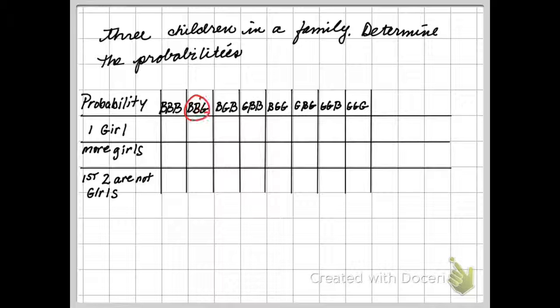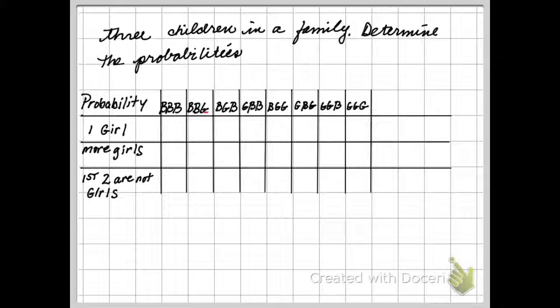This one here means that you had 2 boys and then a girl. And we're going to say that's different than this, where you have a girl and then 2 boys. So in this first one, the oldest child is a boy and the youngest would be a girl. And in this one, the oldest child would be a girl and the youngest would be a boy. So these are all the possibilities for how we can have the 3 children.